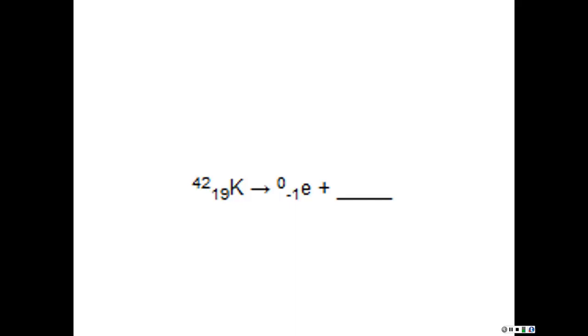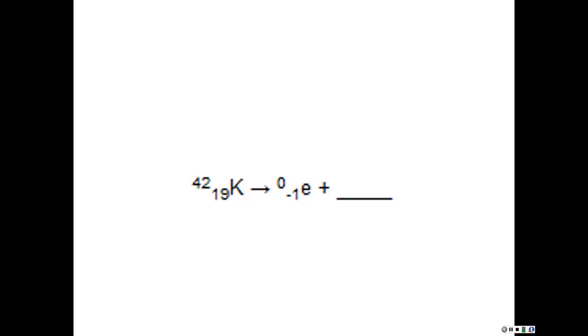So let's see if we can figure out what the daughter particle would be in this case. Okay, everyone got their ideas?